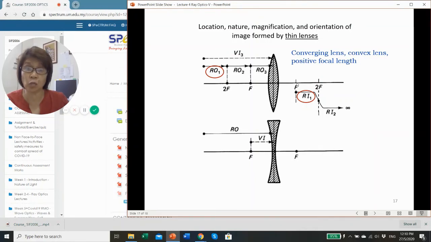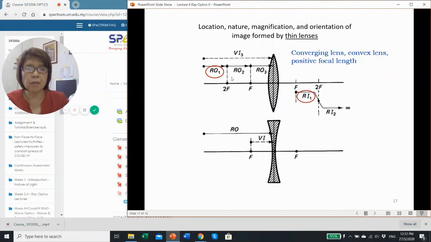And this image is real, it is inverted, and its size is smaller than the object size. This distance here is shorter, this distance here is longer. So as the object is brought nearer to 2f, the image will then move away from the lens towards 2f. And as nearing 2f, it starts to enlarge quickly until at 2f, it will be the same size as the object at 2f.